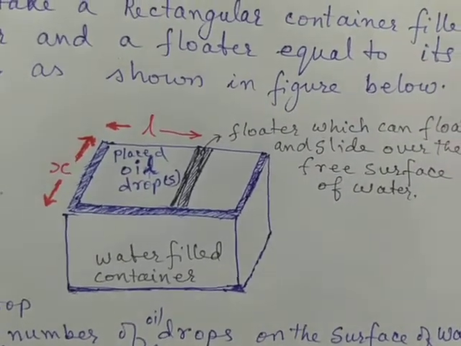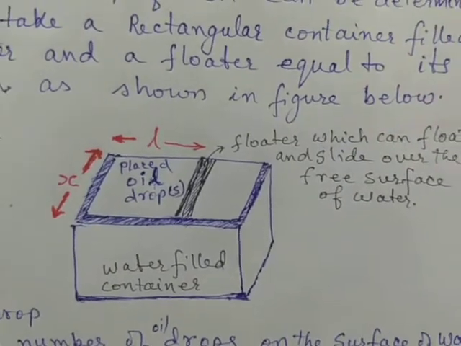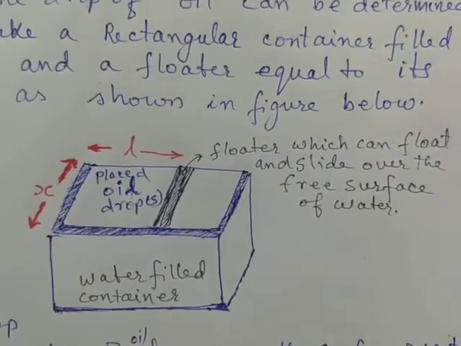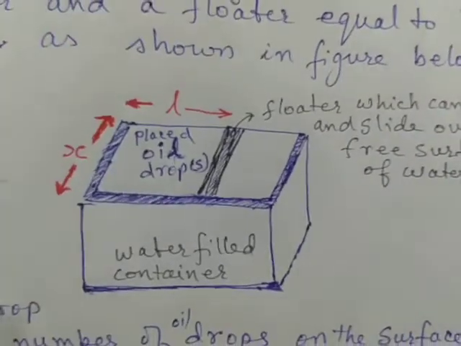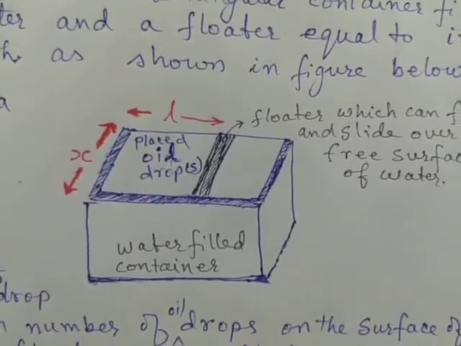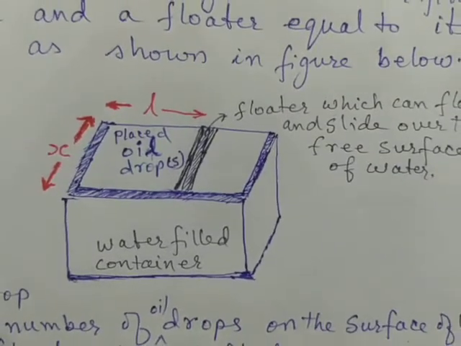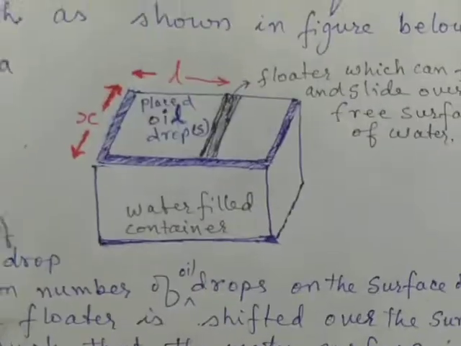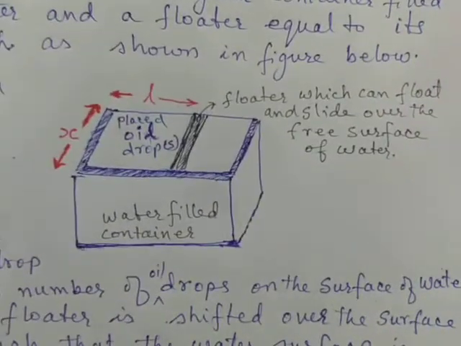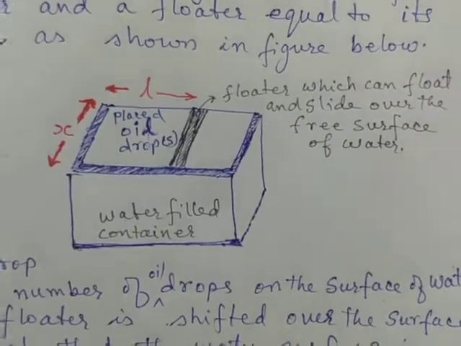It may tear out at some place. So neither do we let excess oil be deposited on the water, nor do we allow any uncovered part of water. In this situation, the water is just covered by the known number of drops which we have placed.